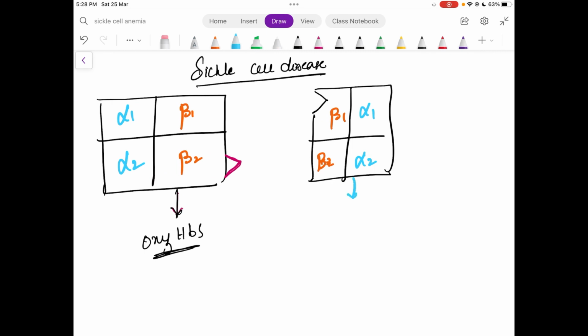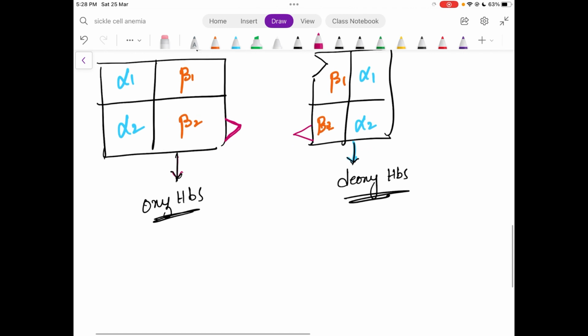This is a deoxy HbS, which will have a sticky patch also, and this is a hydrophobic patch.